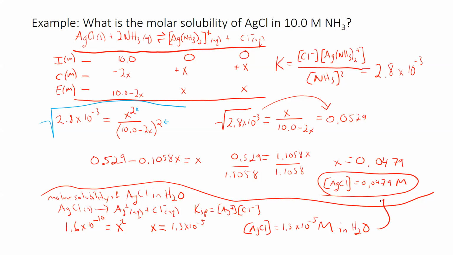And so when you compare that, that's many orders of magnitude bigger, right? 4.7 times 10 to the minus 2 or 1.3 times 10 to the minus 5. Clearly, silver chloride is much more soluble in an ammonia solution than it is in water, okay?